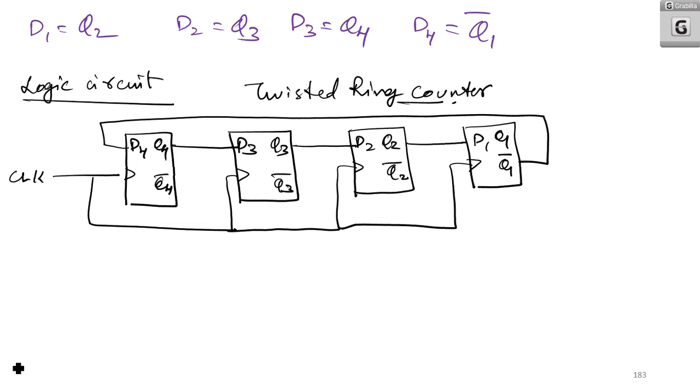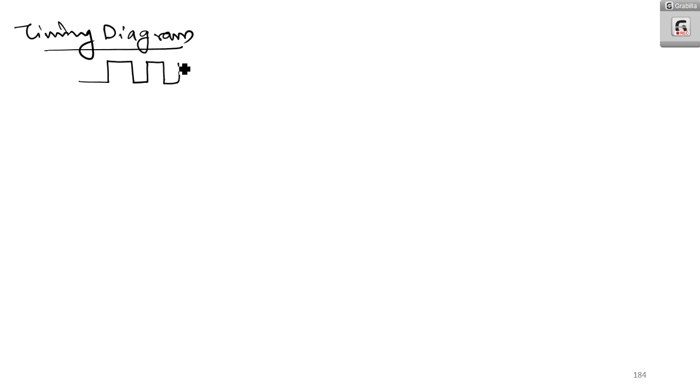Now coming to the timing diagram of the twisted ring counter. Which are the valid states? I will draw the clock first: 1, 2, 3, 4, 5, 6, 7, 8, 9.